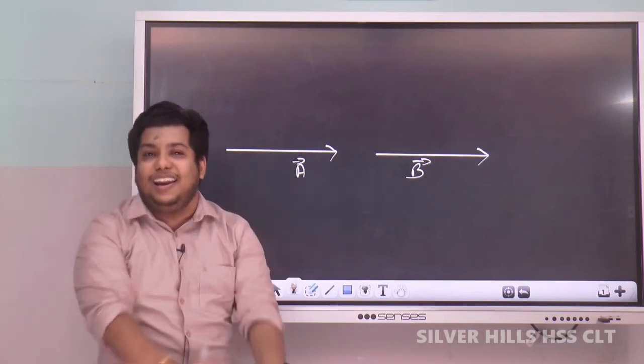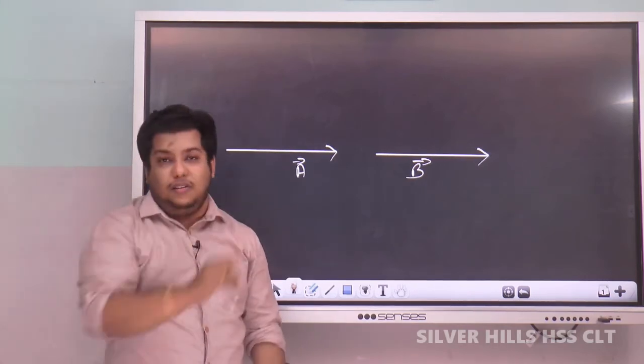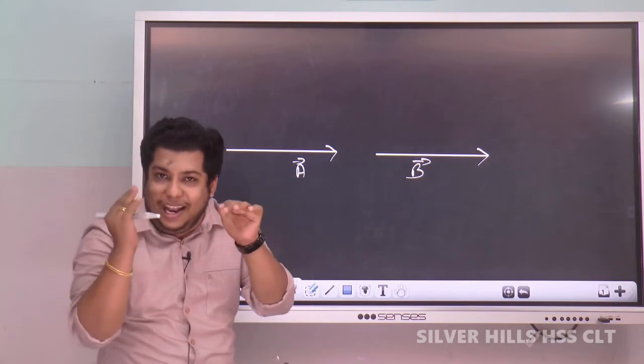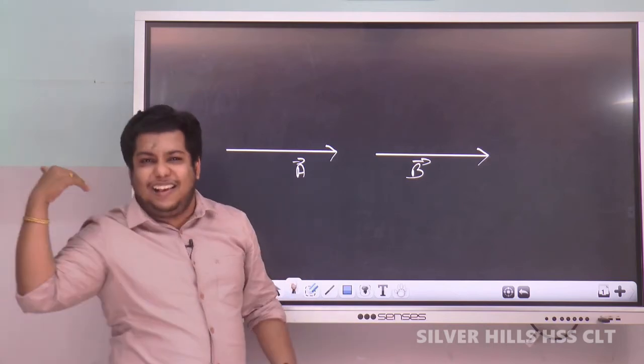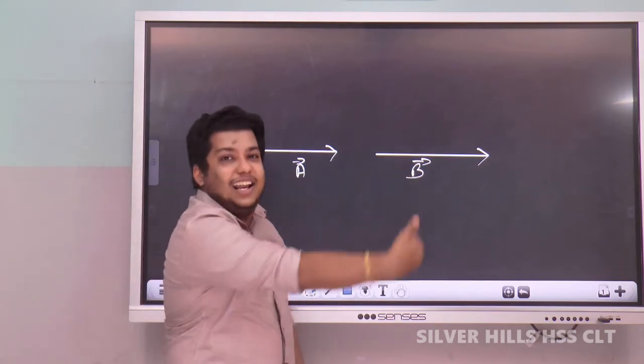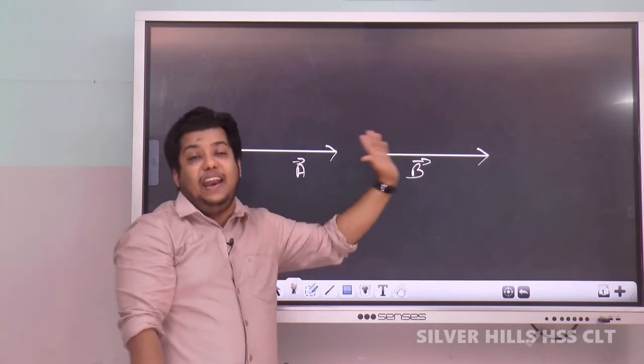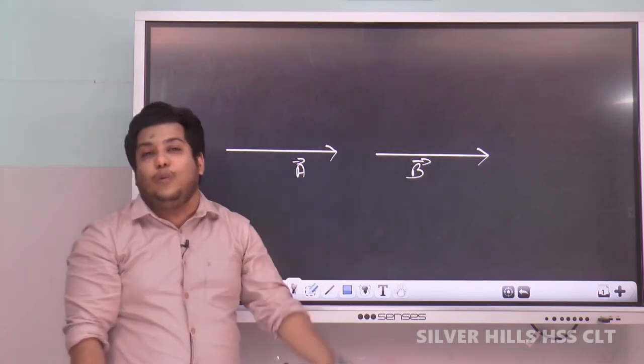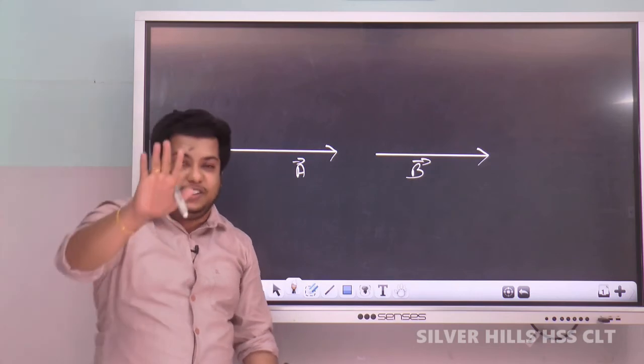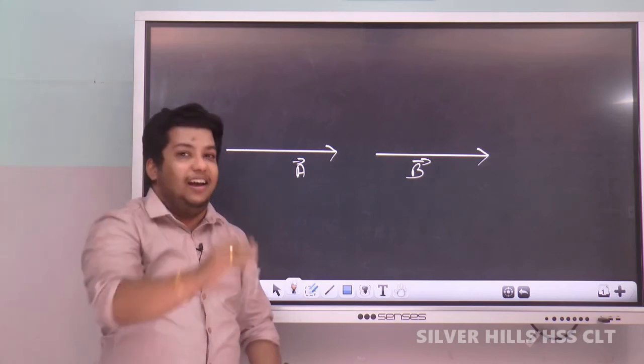So what is a collinear vector? Those vectors which can be represented in a single line are called collinear vectors. Here A and B are collinear vectors. The fifth type is called collinear.